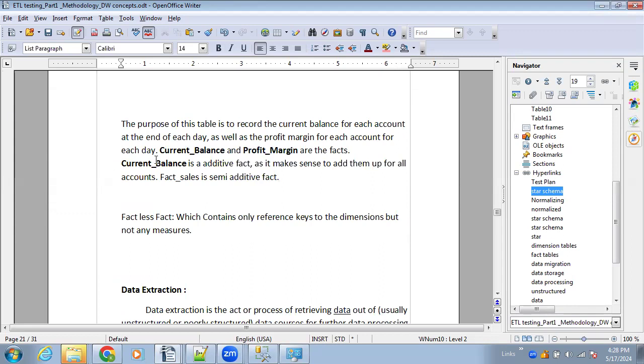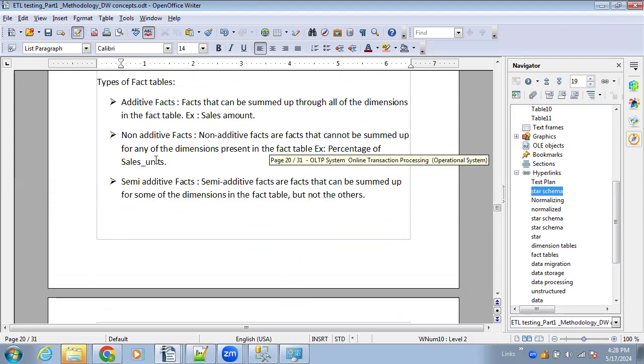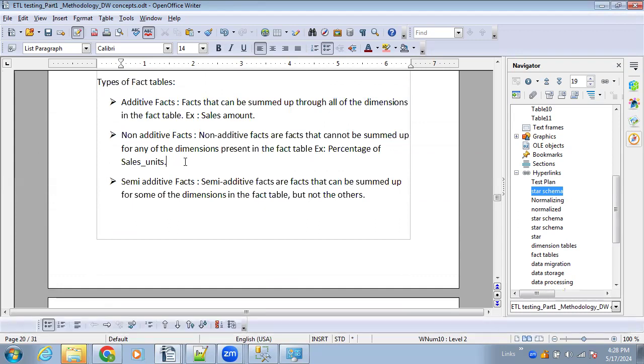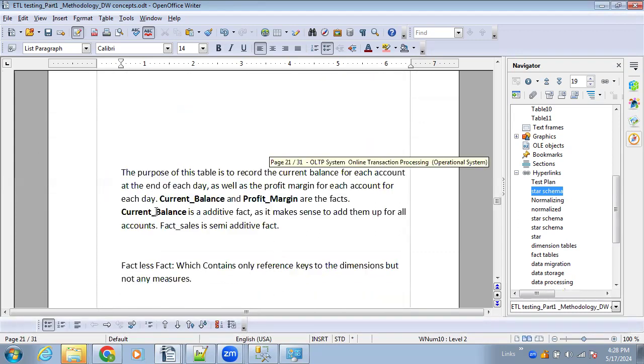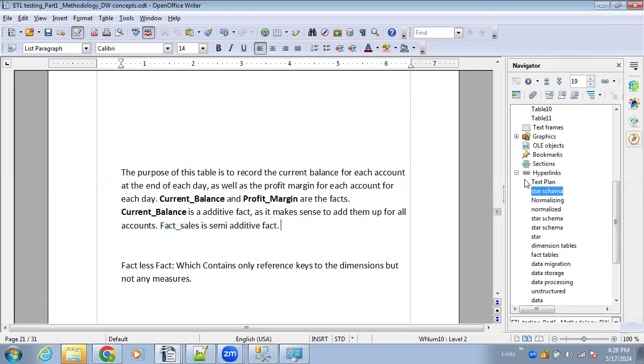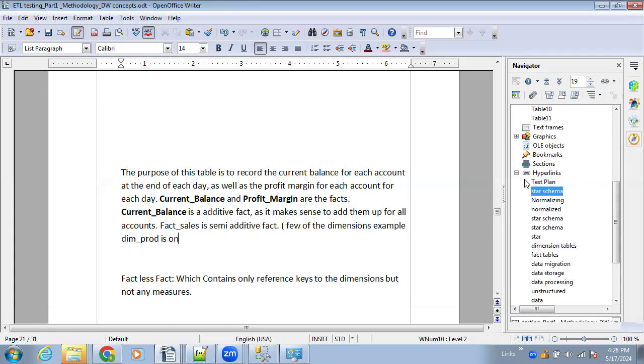For this one, it is a percentage of sale units, a non-additive fact. Why is it a semi-additive fact? Because only a few of the dimensions are used. For example, dim_prod is only used for.